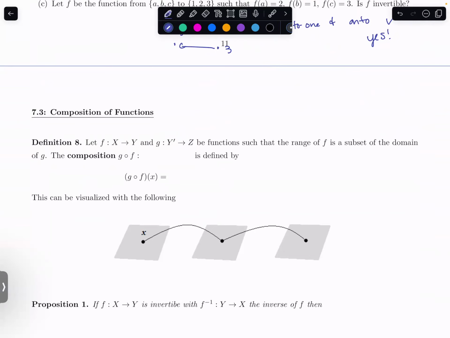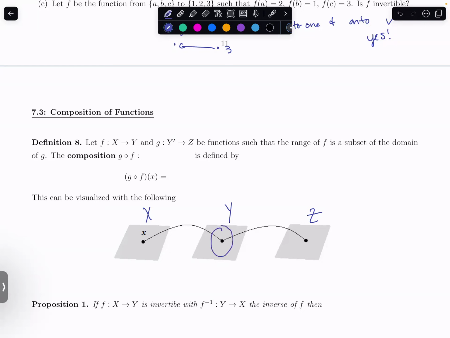So this is big X, this is big Z, and I think this is Y. The range of f is a subset of the domain of g.